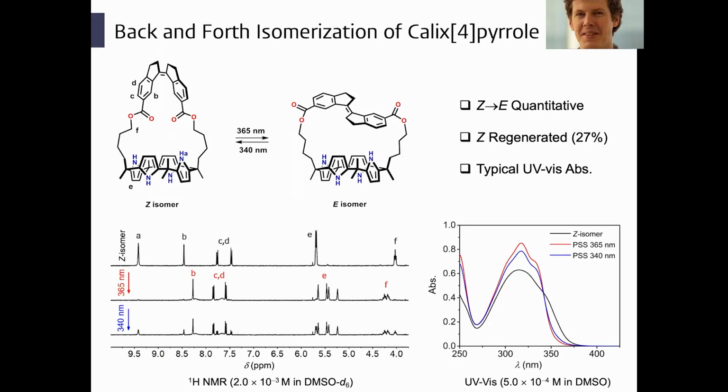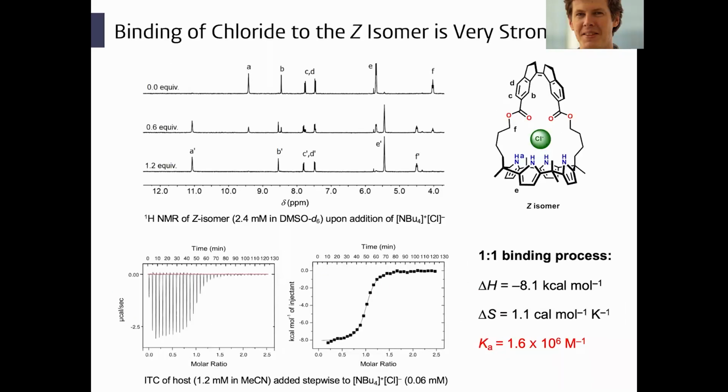And of course, you can monitor these processes by NMR and UV spectroscopy. And in this case, you can switch quantitatively from the Z to the E isomer, and then partially back again to the Z isomer. And all of this shows similar UV vis absorption profiles as before. In binding, it behaves slightly different. So once you start adding chloride, you see initially both bound and unbound species in the NMR spectrum.